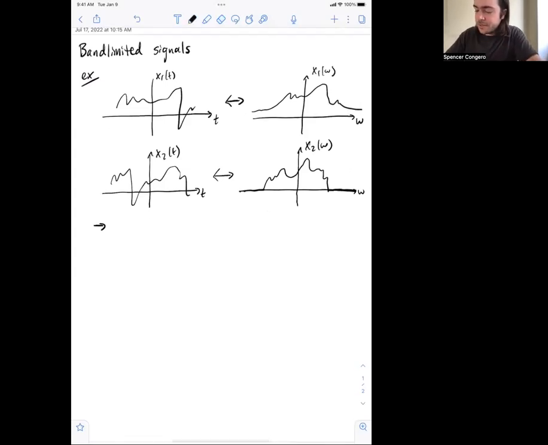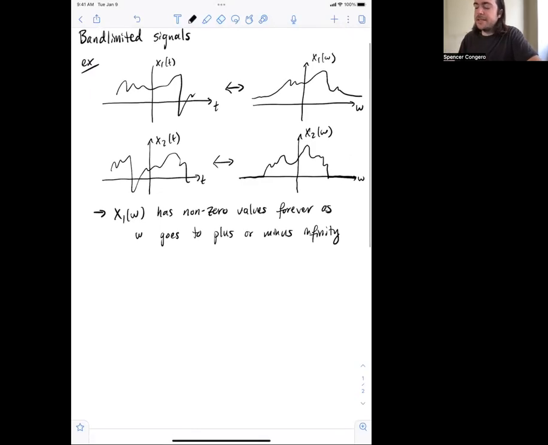And let me just put into words the properties I'm trying to highlight here. So x1 of omega has non-zero values forever as omega goes to plus or minus infinity. Okay, and we'll see more examples to get exactly the precise definition of band limited later in the video.